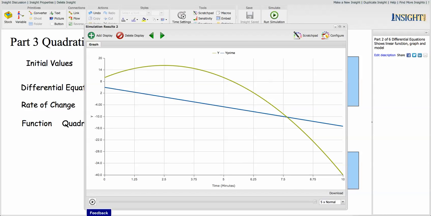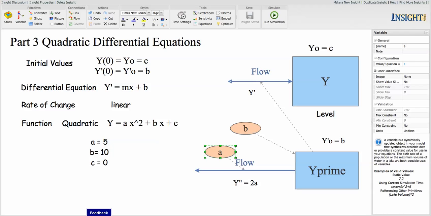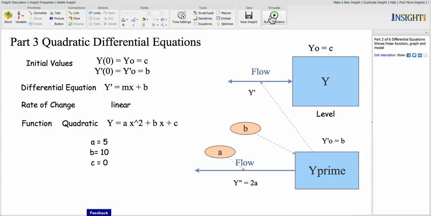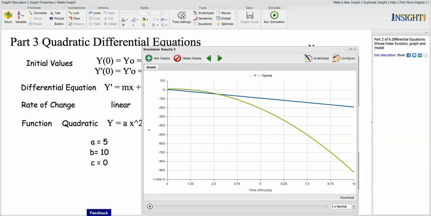We threw something in the air off of a wall, and it goes out a distance and then drops because of the acceleration of gravity. Now we used 1 for the acceleration here, but if we use the acceleration of gravity, which is 9.8, we would get a different curve that would better represent what was actually happening if we were to throw something off a wall.